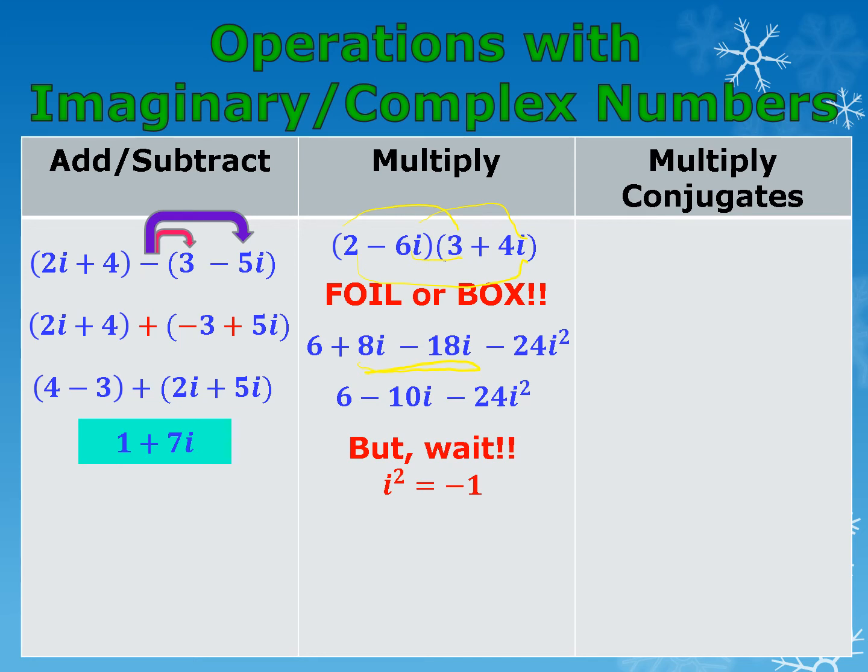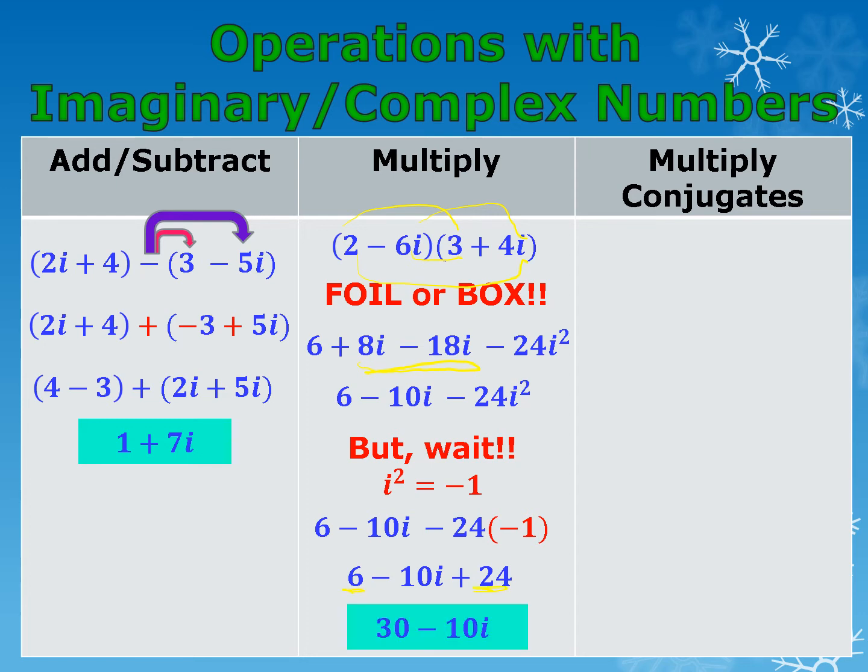So I'm going to replace that i squared with a negative 1, and then clean it up. So I get 6 minus 10i plus 24. And now I see I can combine 6 and 24. So I can't go any further once I've reached 30 minus 10i.